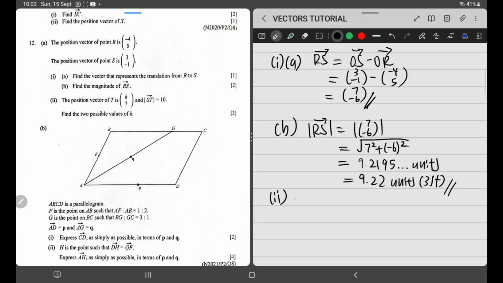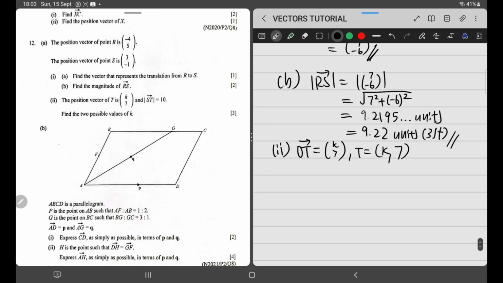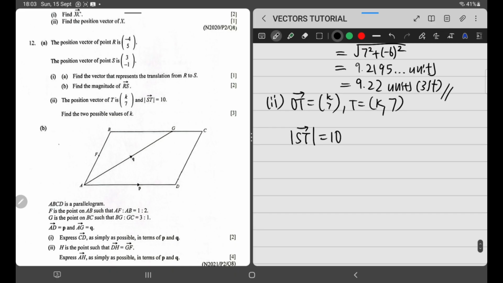Position vector of T, so OT, is (k, 7), meaning T is (k, 7), right? And then they say ST is 10. So say find the two possible values of k.